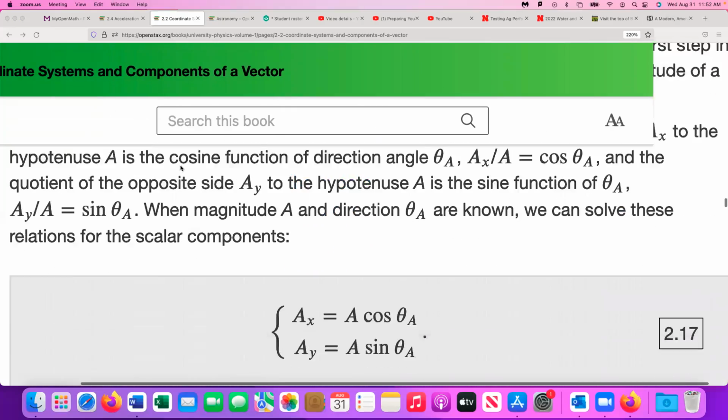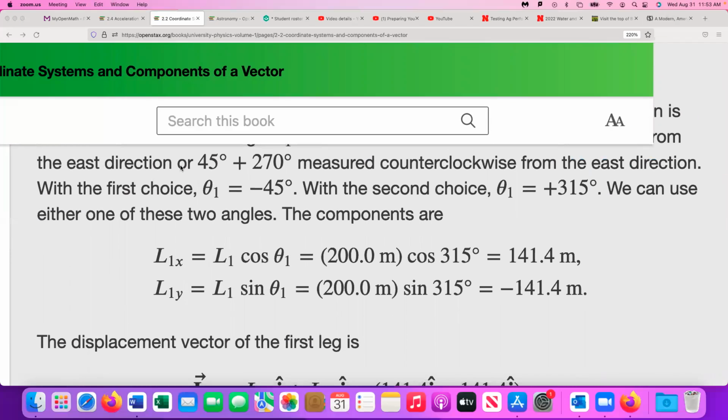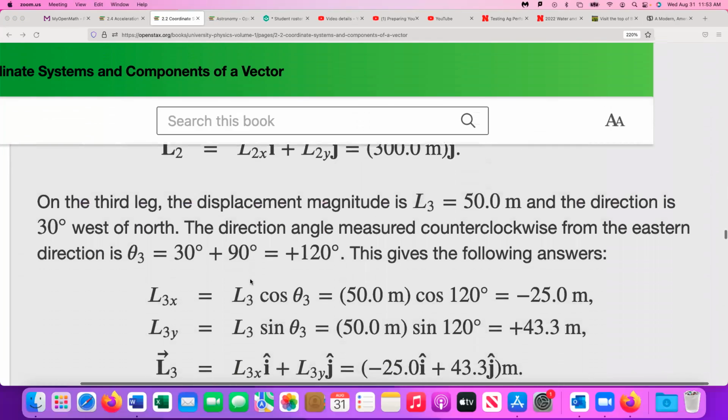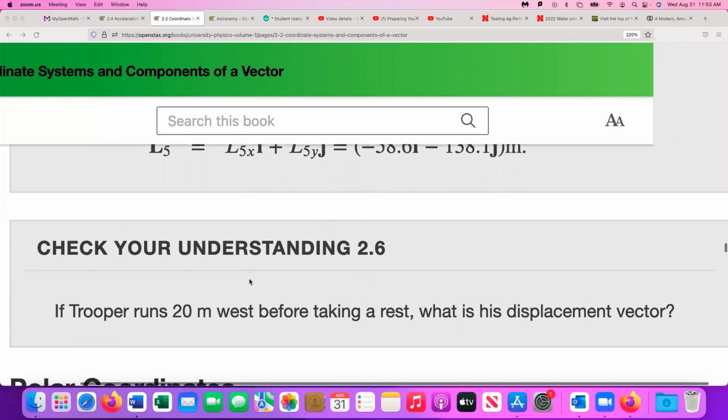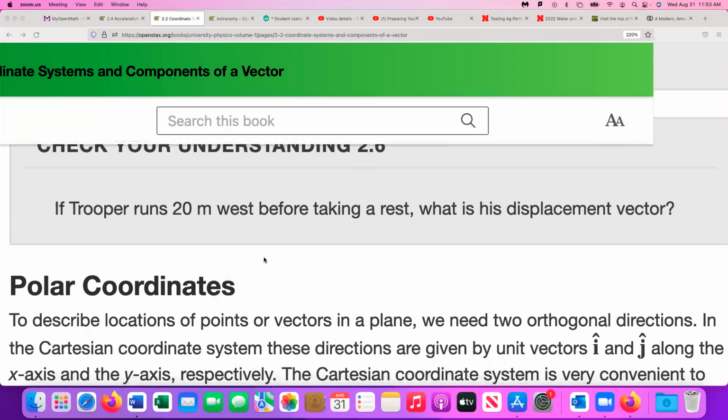And then we get the total components of all those vectors added together. So here they've got the first leg of the trip, and then the second, the third, the fourth, and the fifth. Once they've got all those together, then they can add them all together and get the total overall X component and total overall Y.